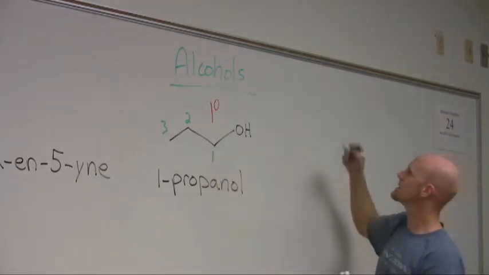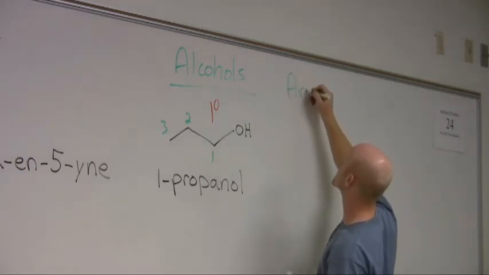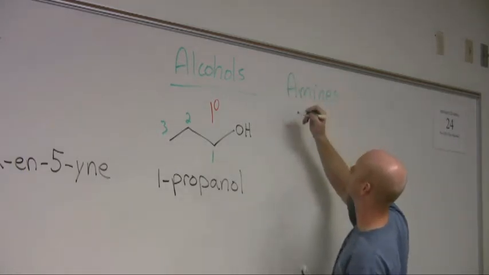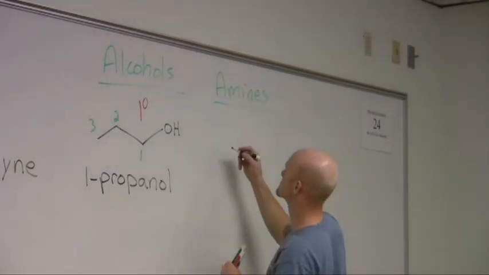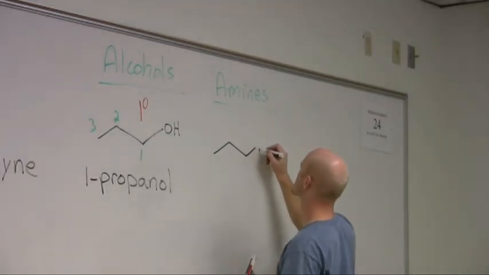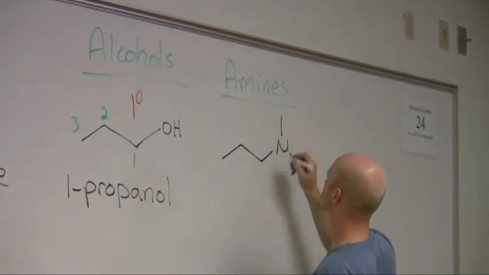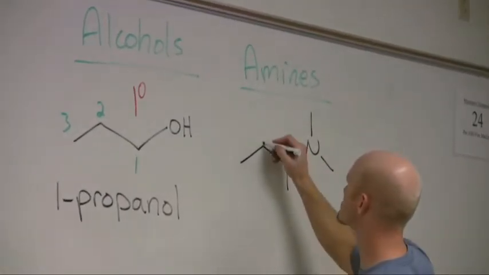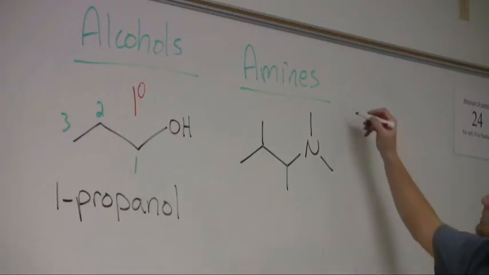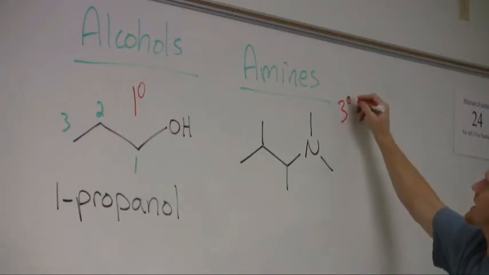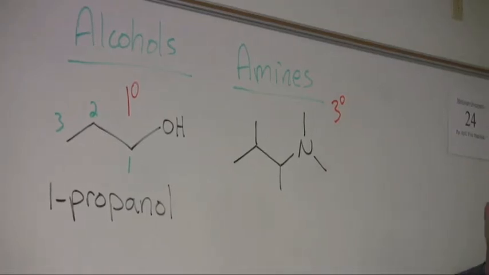But let's look at amines for a sec. So what kind of amine is this? Tertiary. What makes this a tertiary amine? 3 carbons. 3 carbons that are bonded to what?